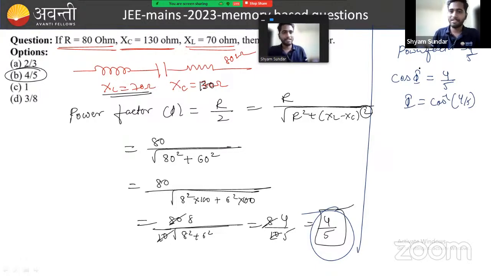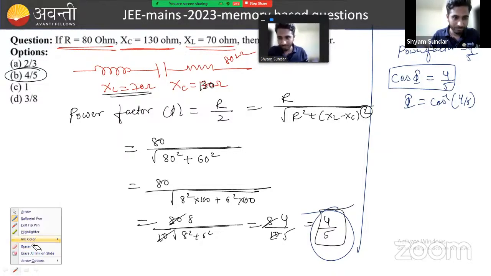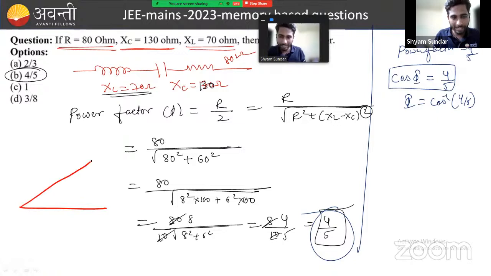Clear, right? Can we also find the value of cos inverse of 4 by 5? How? I will write it on the left hand side. Look at the left hand side. Look at this one. In a right angle triangle, guys, we know that this is phi. This height we can write for tan theta, right? If it is 37 degree, it means this is 3, this is 4, this is 5.